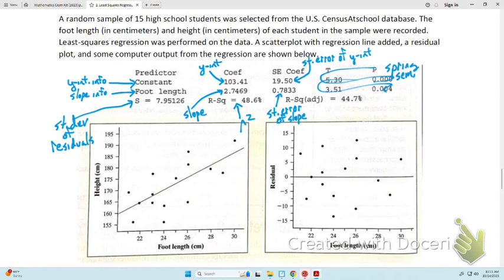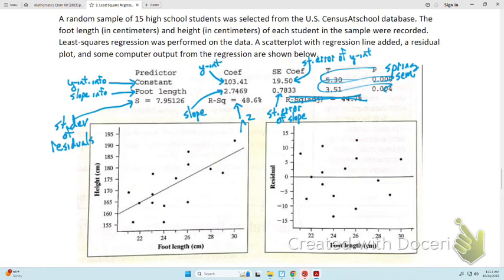And it comes into play when you have very unique experiments. And they have never, ever approached it or used it in AP Stats. You'll definitely use it if you go into data analysis later on in life. But for the sake of the AP test, we will never use r squared adjusted.